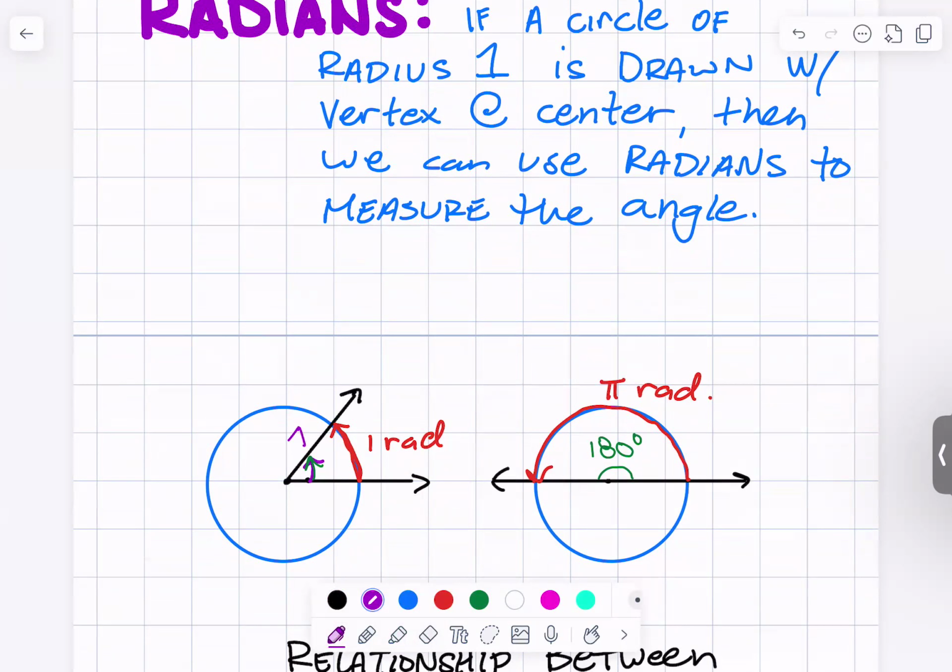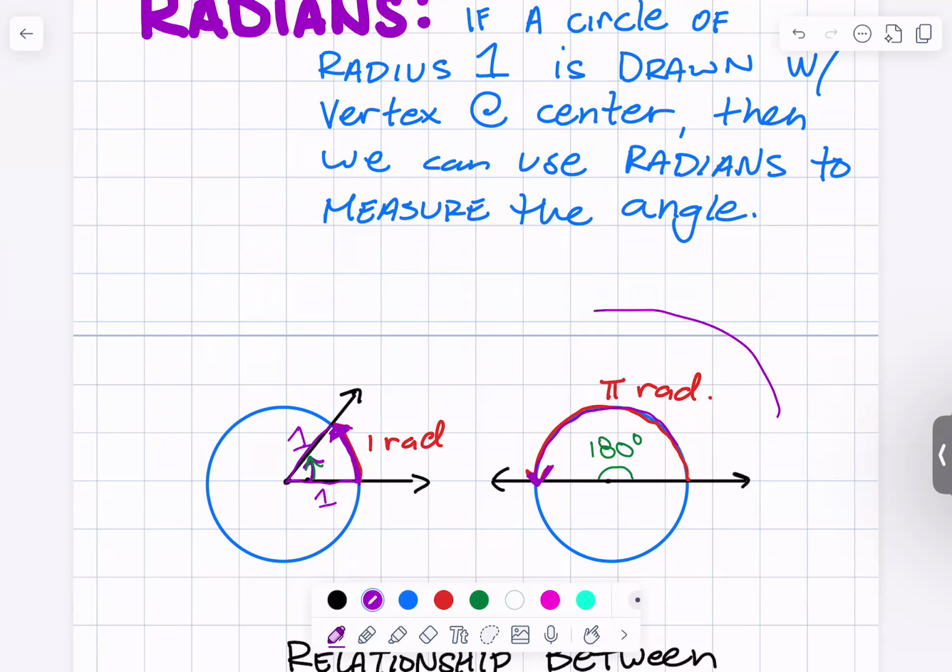So from here to here is 1 unit, and here to here is 1 unit. We are just measuring out the angle measure here. So this here is 1 radian. And half the circle, or 180 degrees, is pi radians.